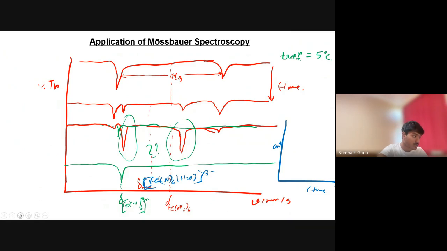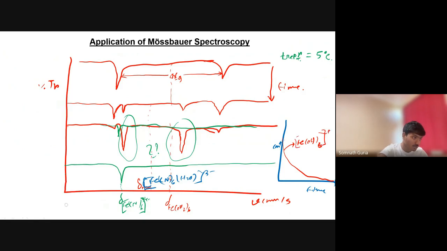So my initial one is the red one, coming with time. So this is Fe(OH2)6 2+.